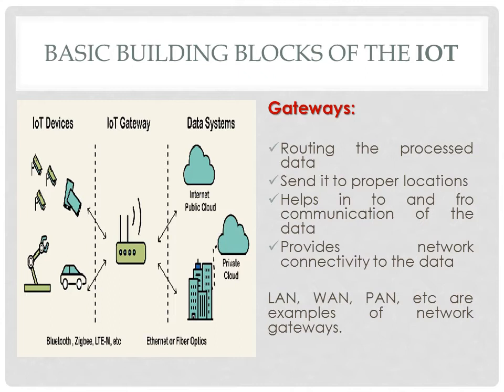It provides network connectivity to the data. Network connectivity is essential for any IoT system to communicate. The examples of network gateways are LAN, local area network, then WAN, that is wide area network, and PAN, that is personal area network.